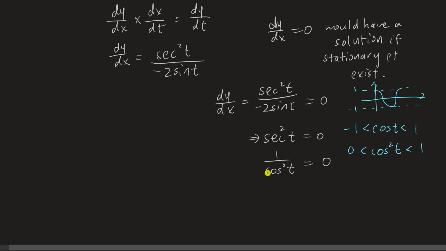There is no way this cosine square t, which falls between 0 to 1, when you take 1 over this particular value, will ever give you 0. This means that dy/dx equals 0 has no solutions, therefore no stationary point.